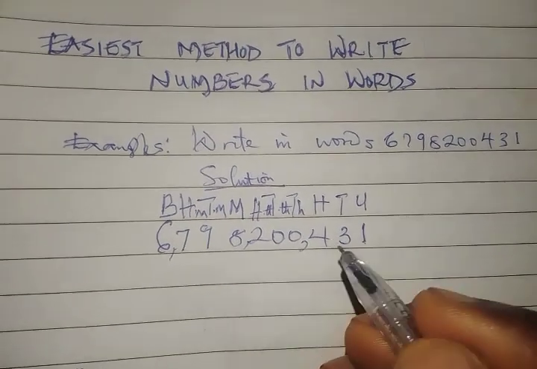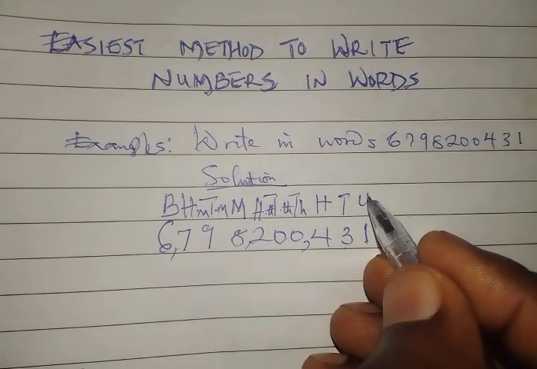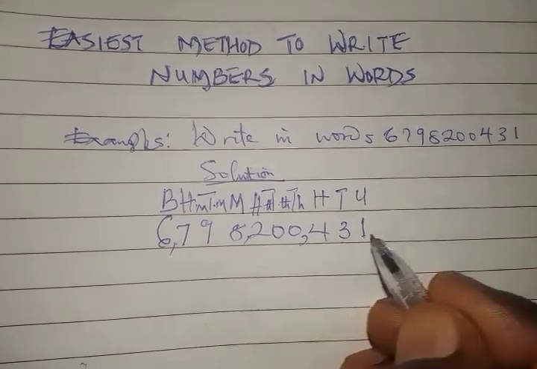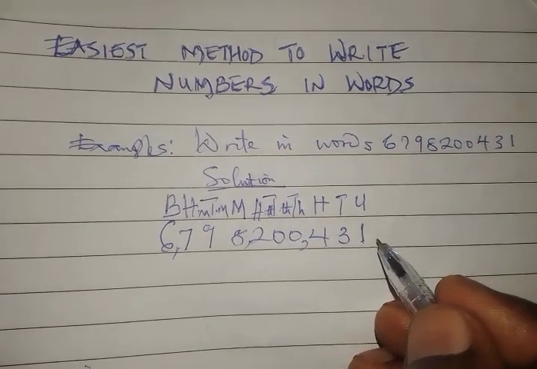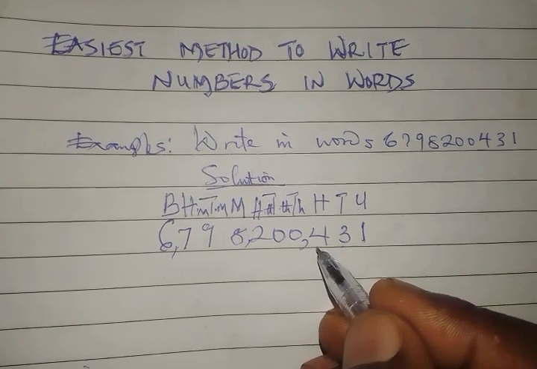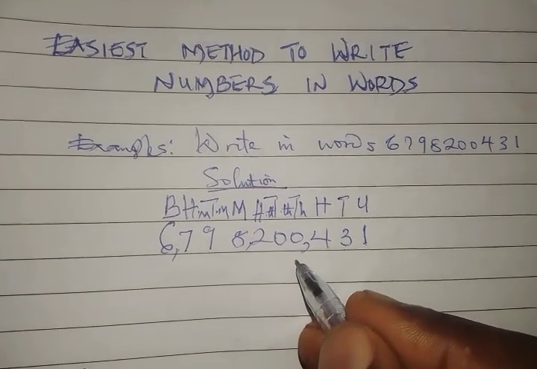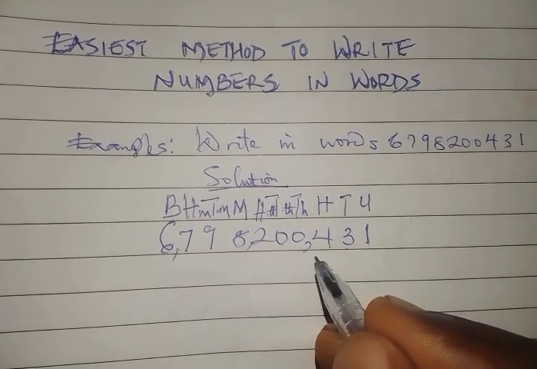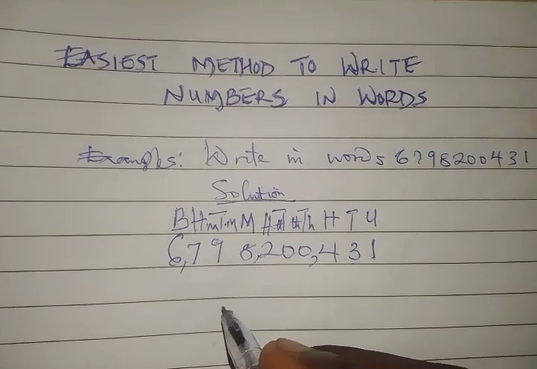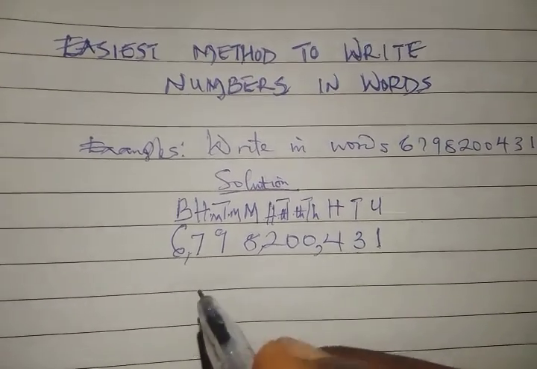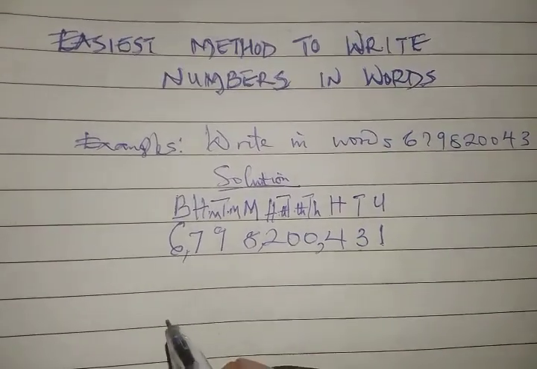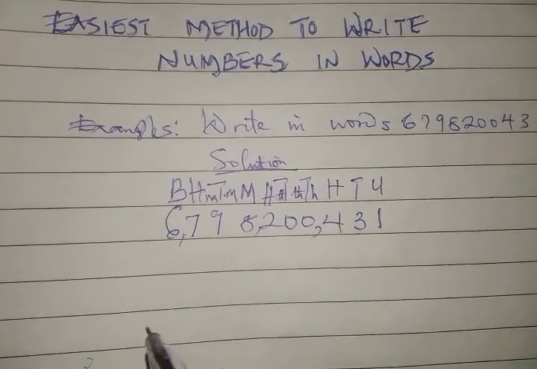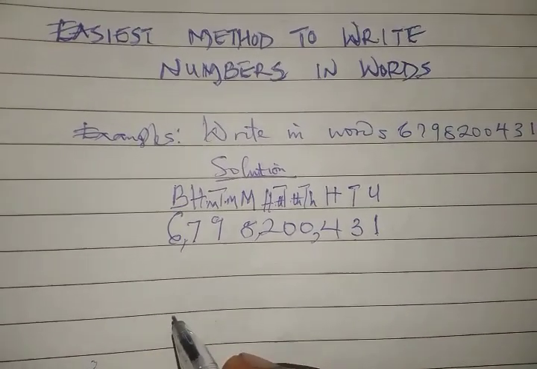So make sure you leave a line above, write the numbers on the second line, then count 3 numbers backward and put your comma. So you're going to then write in words according to the commas. The commas separate the numbers such that you write in words correctly.